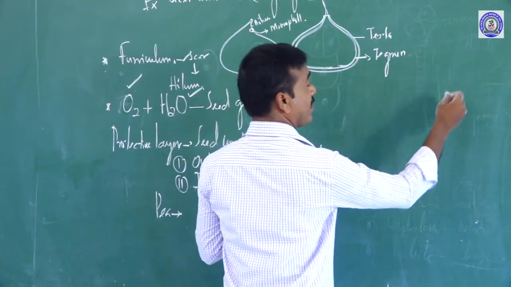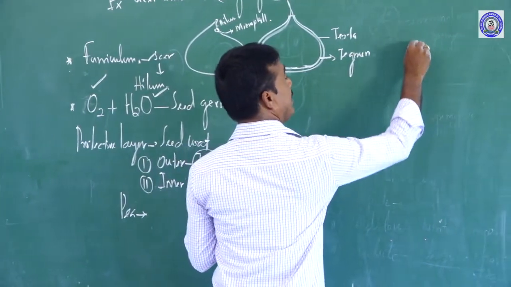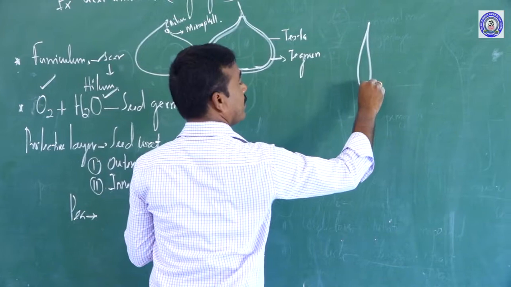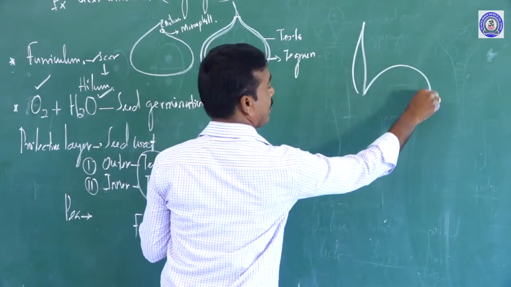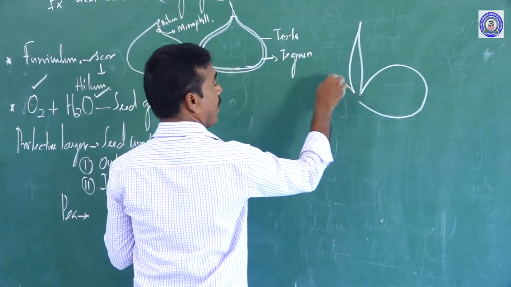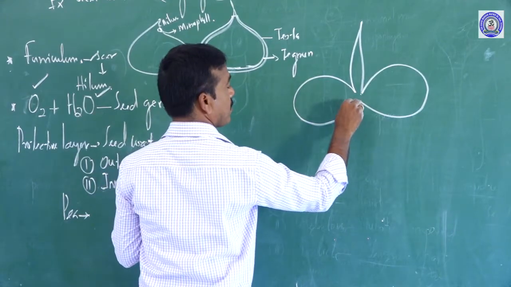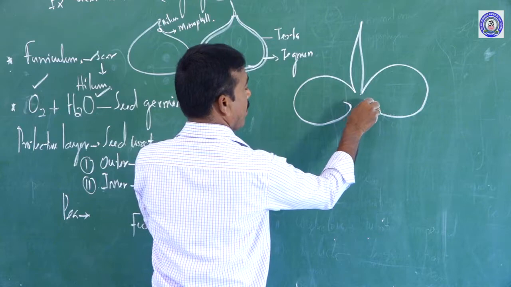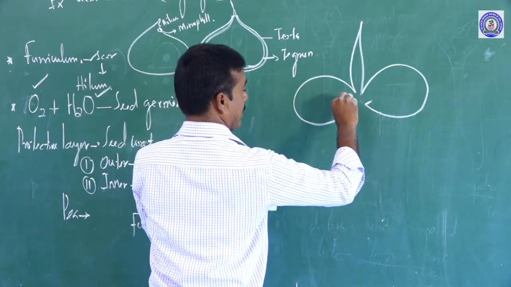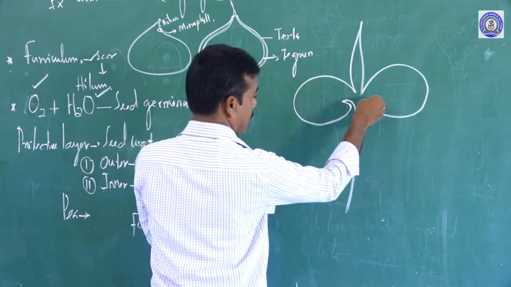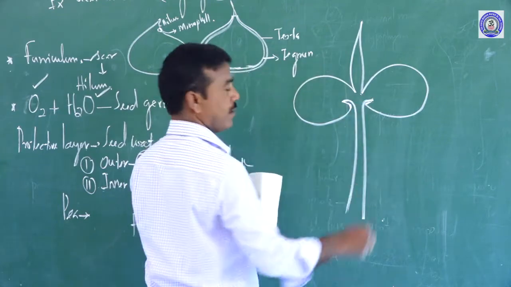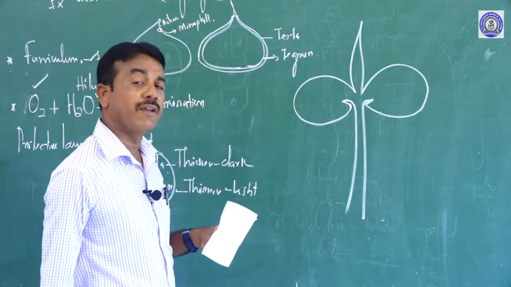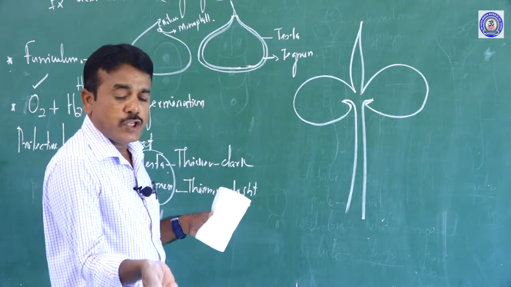After germination, the first emerging component of the seed is commonly called the embryonal axis. When you show the seed in the soil, the embryo component that first comes out is called the embryonal axis.